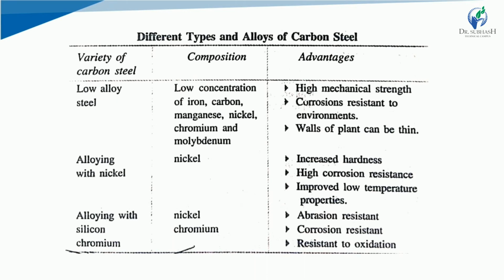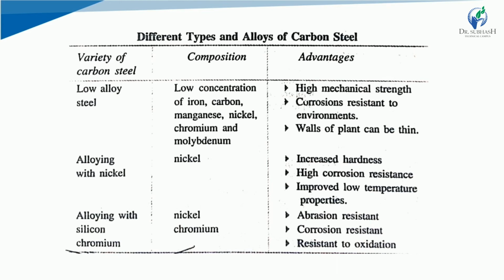Varieties of carbon steel, as you can see: the first one is low alloy steel. Its composition contains a low concentration of iron, carbon, manganese, nickel, chromium and molybdenum. Advantages are high mechanical strength, corrosion resistance to environment, and walls of plant can be thin. The second one is alloying with nickel.